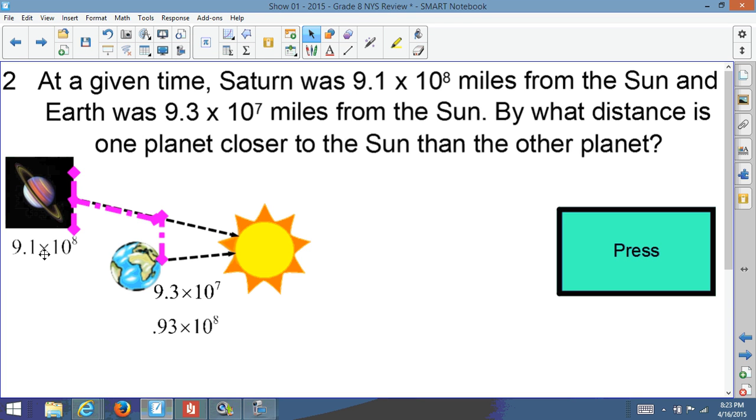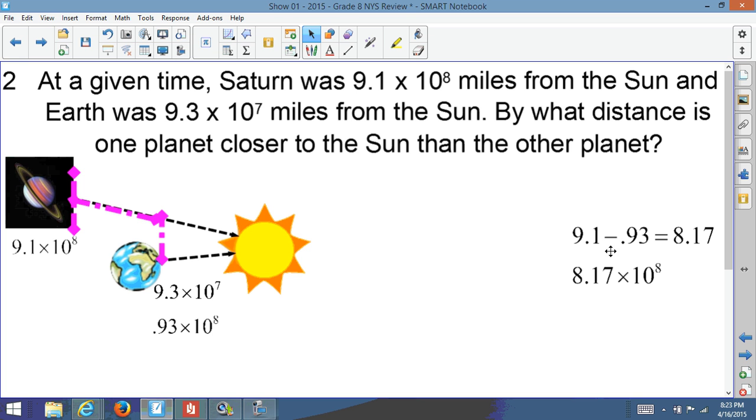So now that the exponents are the same, we can now subtract the coefficients, 9.1 minus 0.93. So 9.1 minus 0.93 equals 8.17.